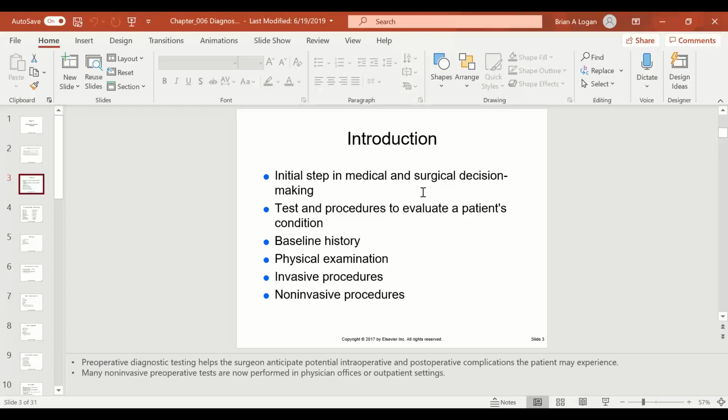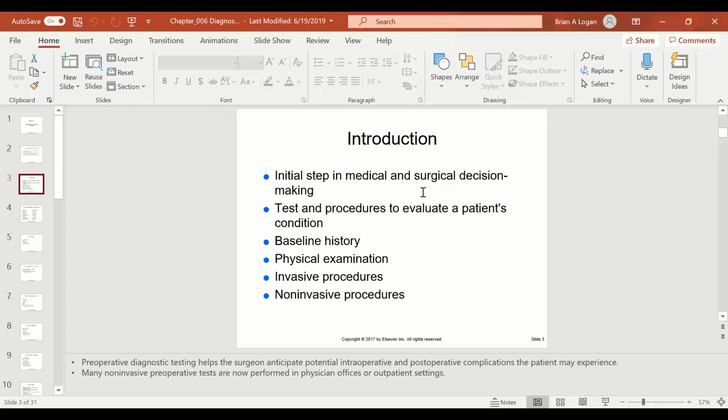So if you ever see a case that's booked as just an exploratory laparotomy, that in and of itself is just a diagnostic procedure. Normally what you're going to see is exploratory laparotomy with possible bowel resection, or possible appendectomy, possible cholecystectomy, possible splenectomy.